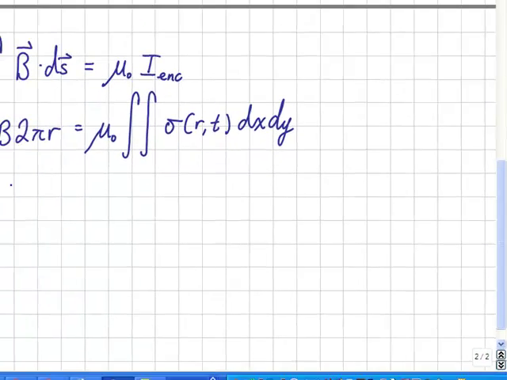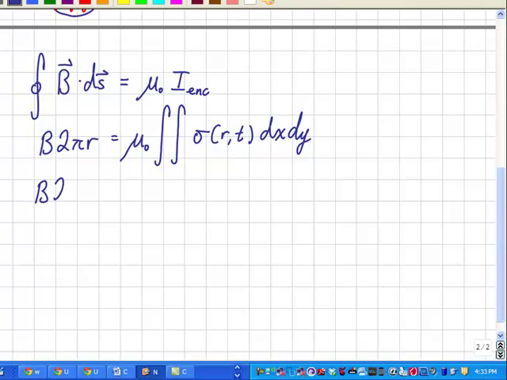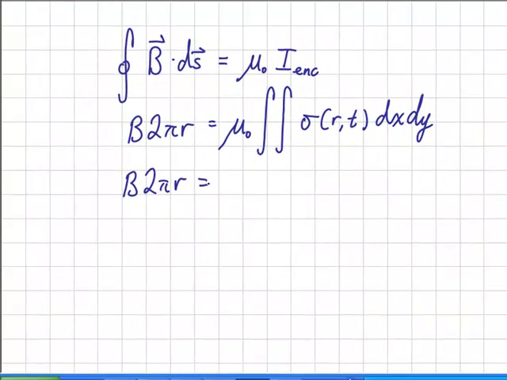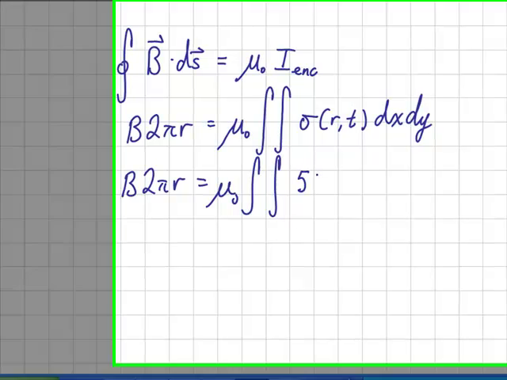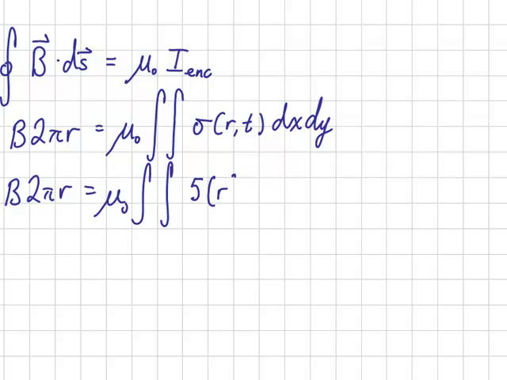Now, looking at the symmetry of this problem, it's going to be easier for us to use polar coordinates. Our current density equation looked like this.